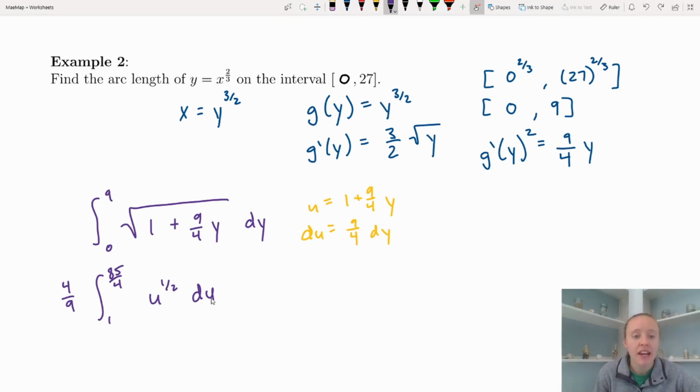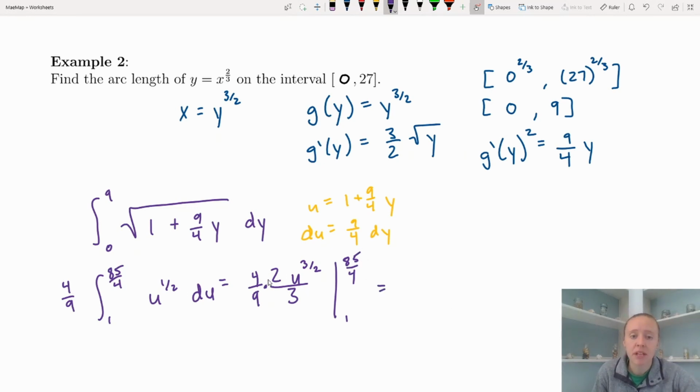So let's go ahead and integrate. U to the 1/2, I'll raise that exponent by 1 and then divide by the new exponent. So this is going to give me u to the 3/2 divided by 3/2 will be 2/3 u to the 3/2, but I have that 4/9 out in front, so I'll multiply that in. And I'm going to evaluate this from 1 to 85/4.